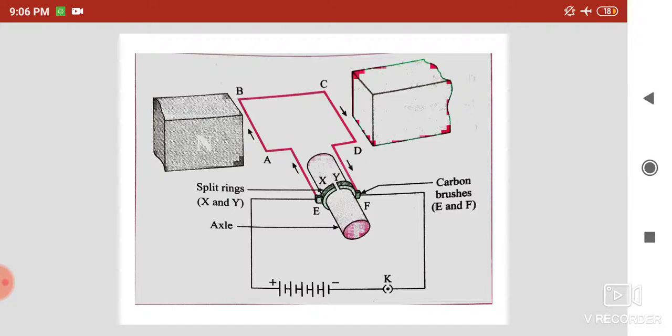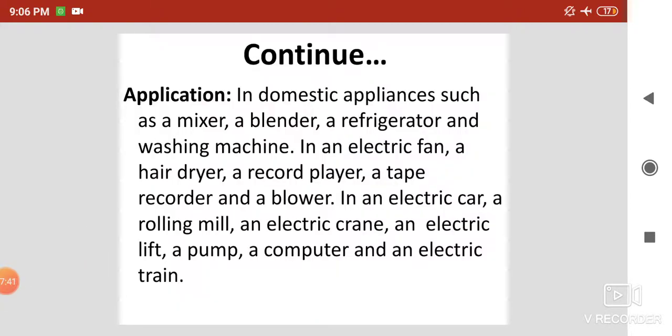Now let us discuss the applications of the electric motor. The applications mean the uses of the electric motor in domestic appliances such as a mixer, a blender, a refrigerator and a washing machine, which all contain an electric motor.